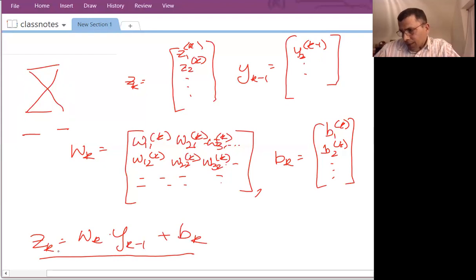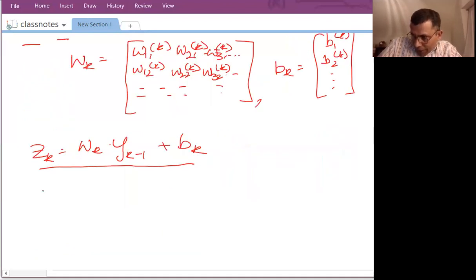Let me actually expand this equation out, and you can see why. I will stop writing the superscripts for convenience.